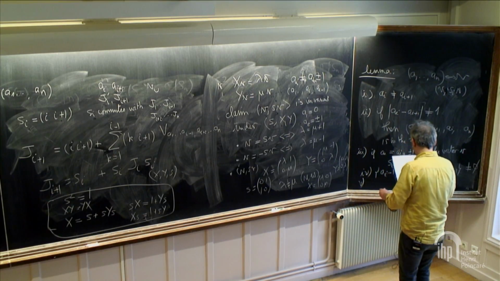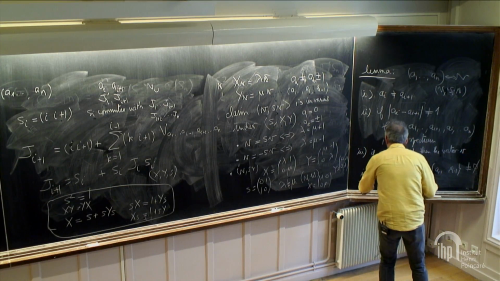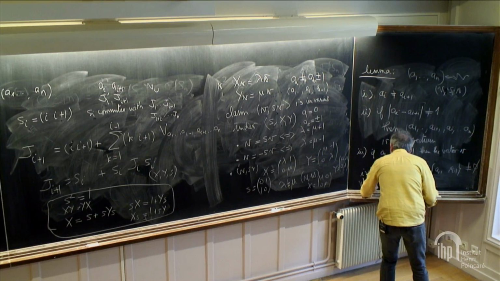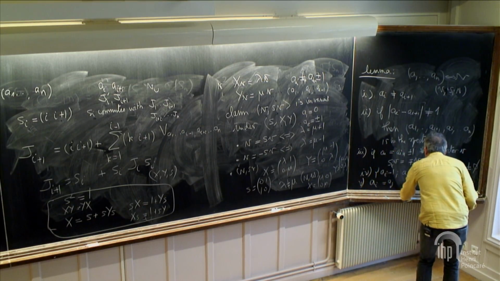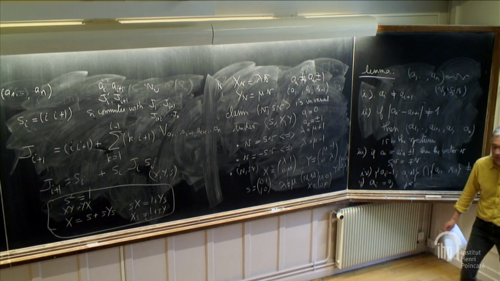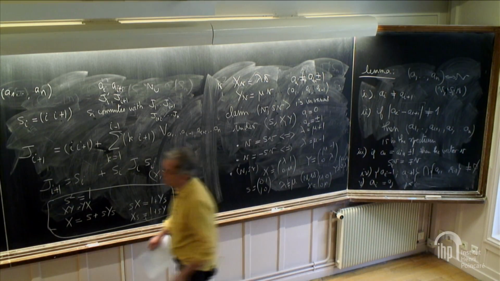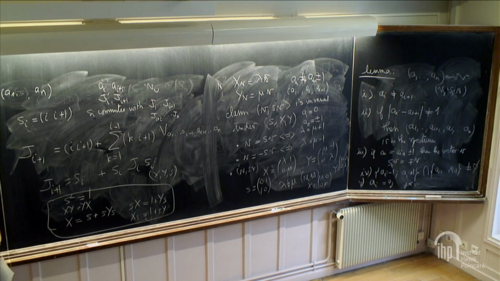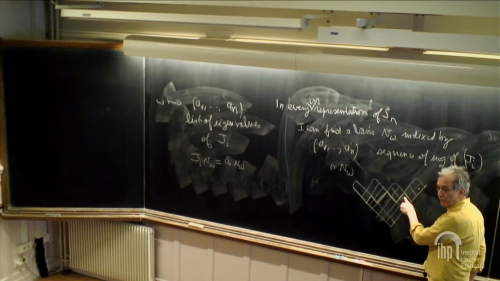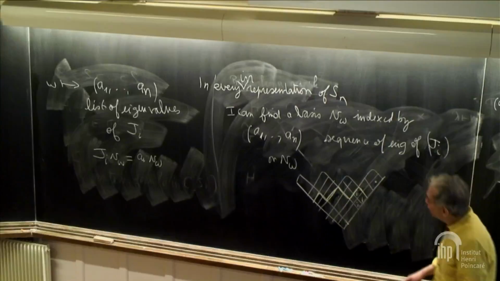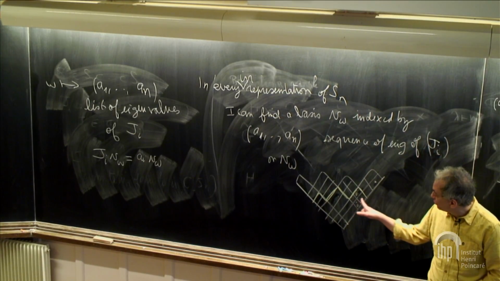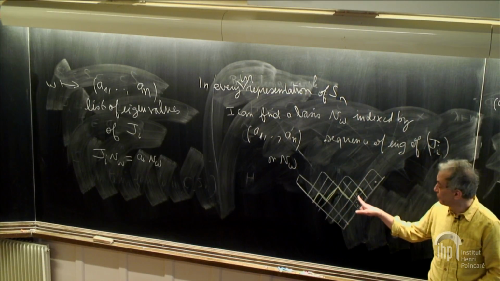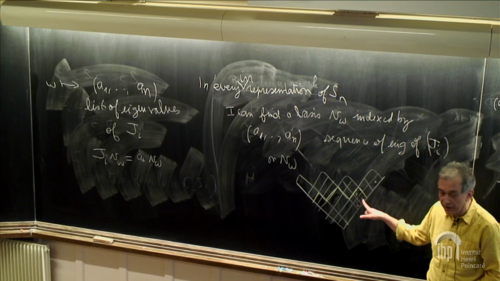And what I claim is that if, say, a_i is equal to a_j, with j strictly smaller than i, this may happen. So say you have some j here, and you have some a_i which is above. Looking at the picture, if something like that happens, it means that these two must have happened between j and i.